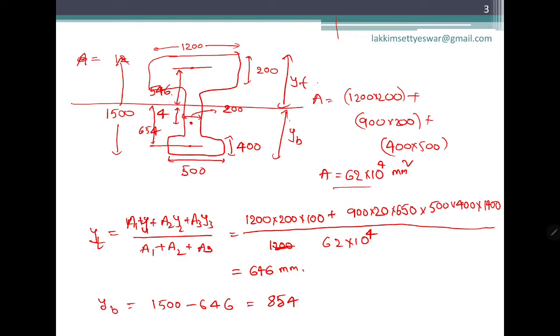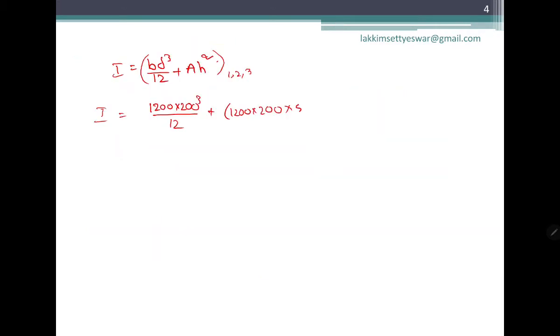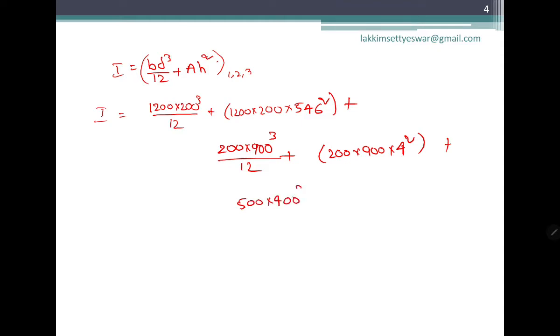Now let's substitute all these values in our formula: the web 200 into 900 cube divided by 12 plus area 200 into 900 into 4 square, plus 500 into 400 cube divided by 12 plus 500 into 400 into 654 square. By combining all these values we get moment of inertia 1727 into 10 power 8 mm power 4.